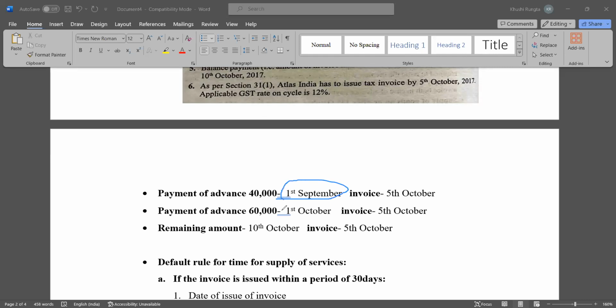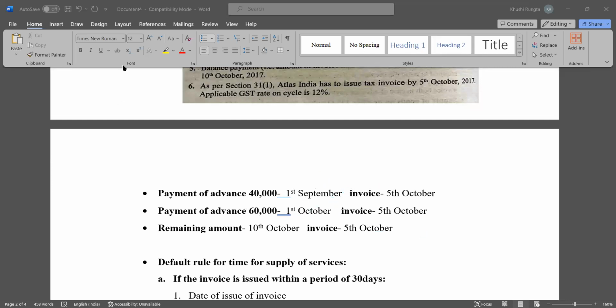Next, 1st October or 5th October, which is earlier? 1st October is earlier. Next, 10th October or 5th October, which is earlier? 5th October is earlier. So we have three solutions for this. First is 1st September, 1st October, and 5th October. Okay? Got it?